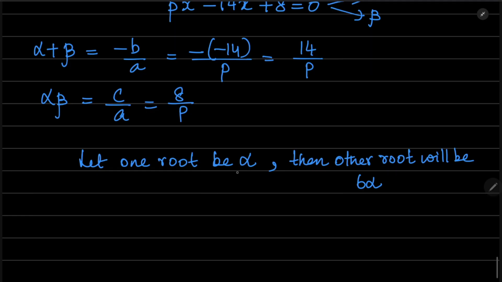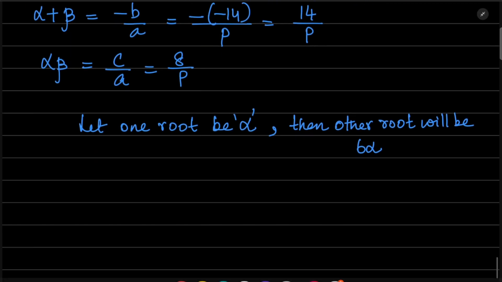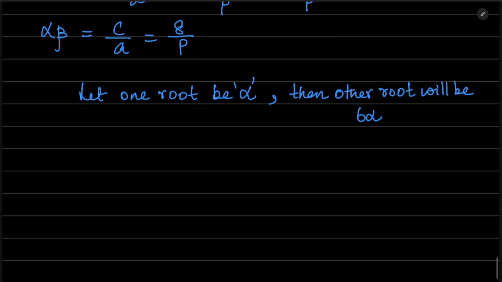Now you have to find the value of p. Let one root be alpha, the other is 6 times alpha. So now let's calculate the sum of the roots.